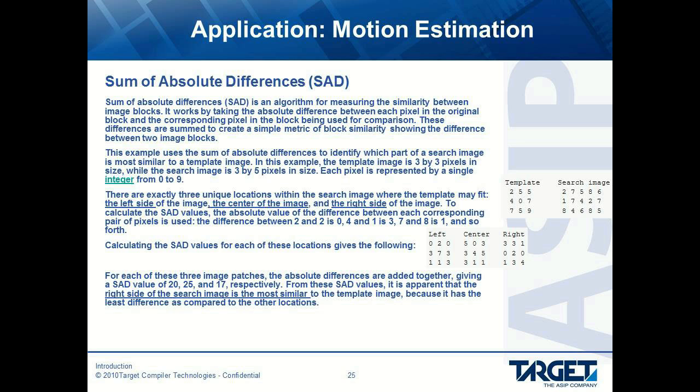For each of these 3 image patches, the absolute differences are added together, giving the SAD values of 20, 25, and 17 respectively. From these SAD values, it is apparent that the right side of the search image is most similar to the template image because it has the least difference as compared to the other locations.